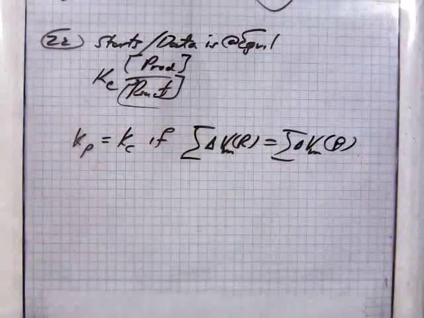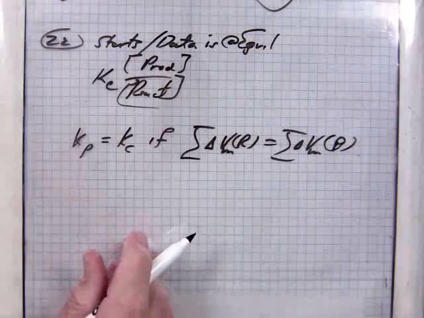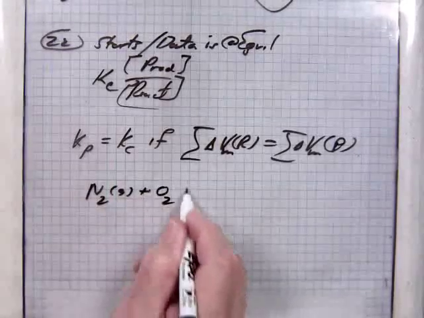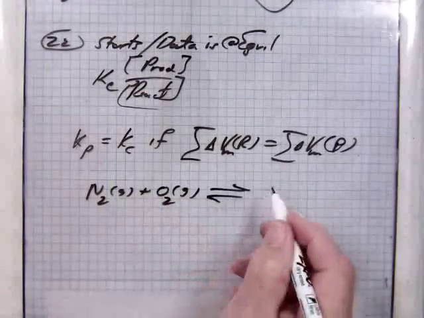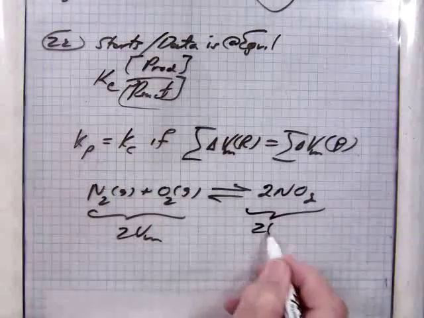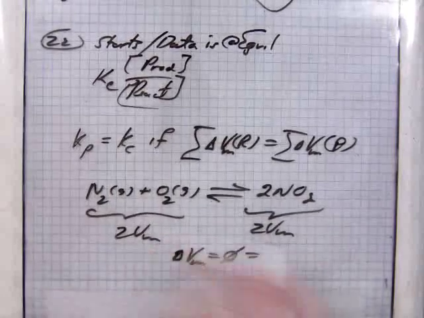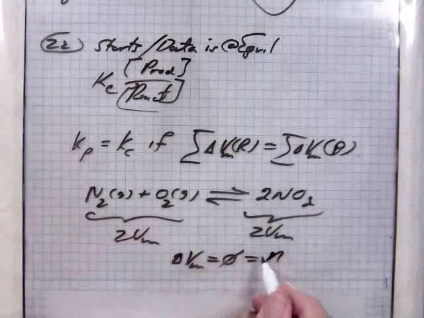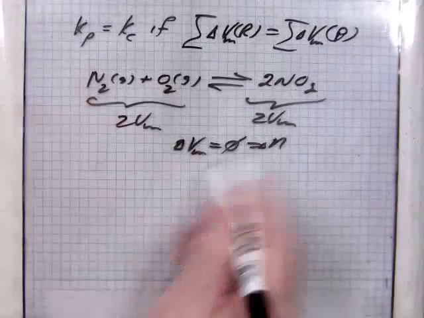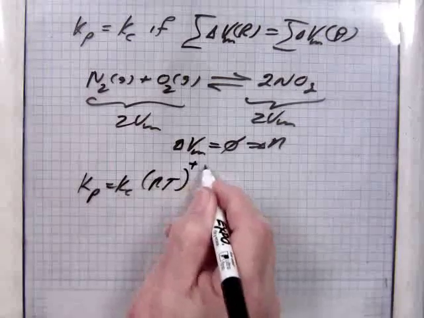Let's see which one. Number 2 and 3: N2 gas plus O2 gas gives you 2NO gas. Here you have 2 molar volumes and 2 molar volumes. Delta molar volumes is 2 minus 2, so delta n in the Kp-Kc expression equals 0. I showed you Kp equals Kc (RT) to the plus delta n.